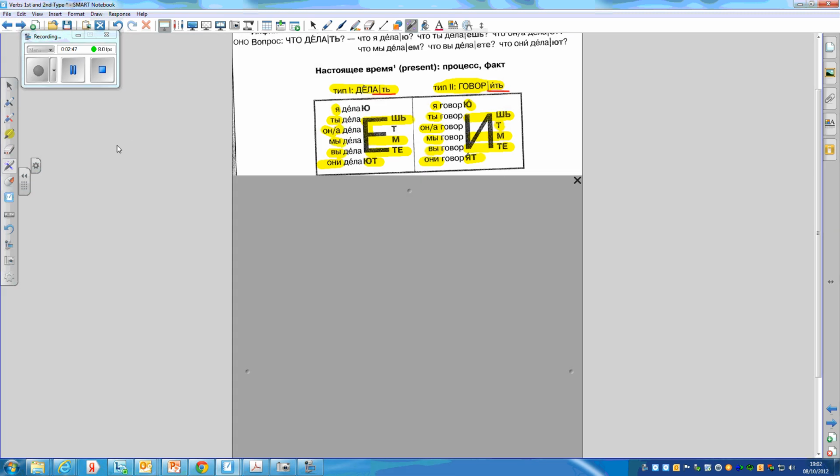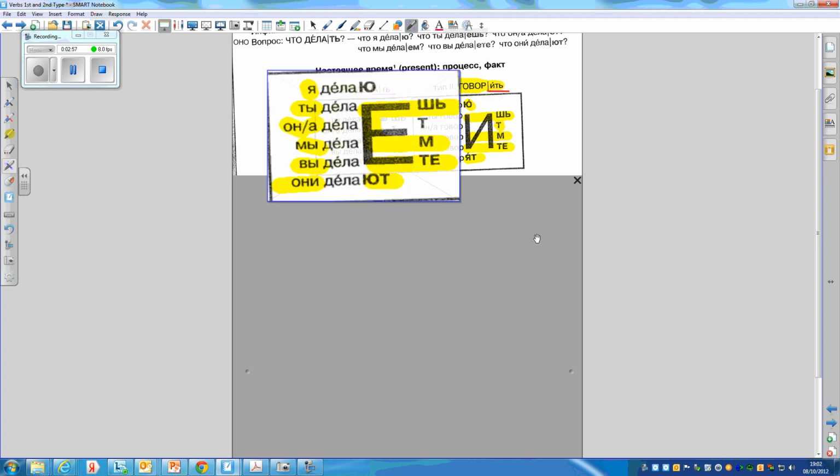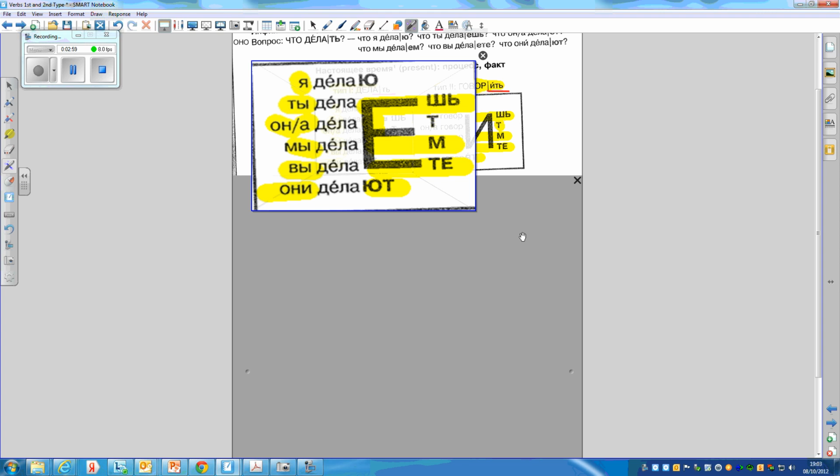Ты, and here it is a little bit trickier in a way, because starting from here you will see that you have е, big е, which means that this part is the same for all the pronouns.